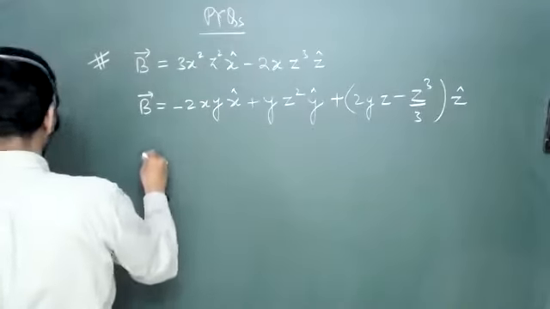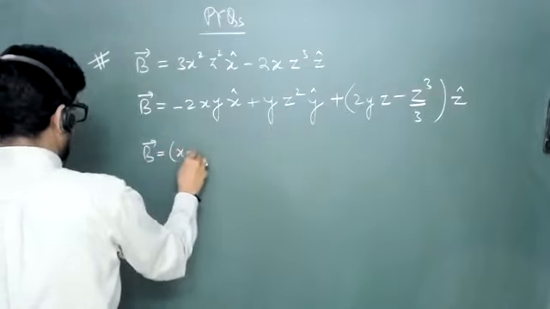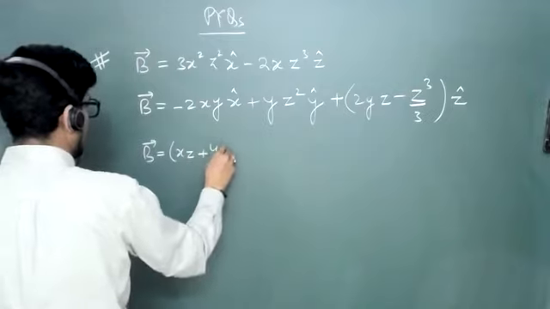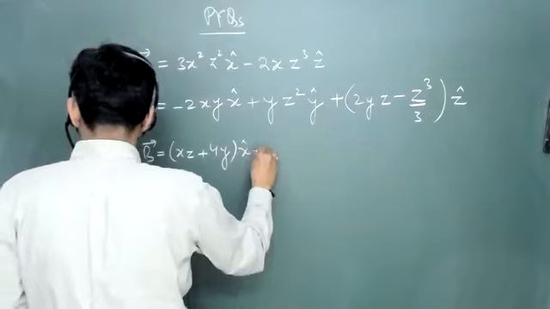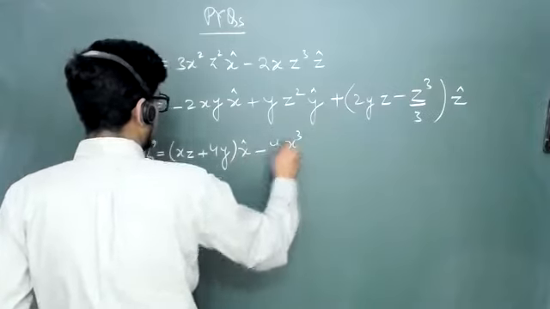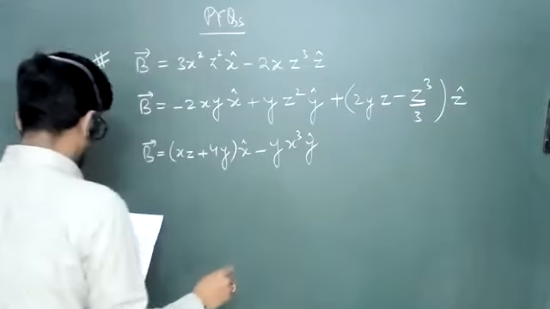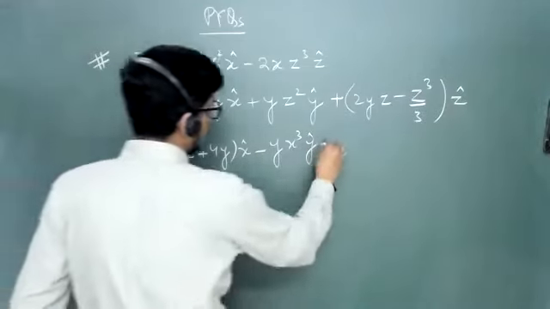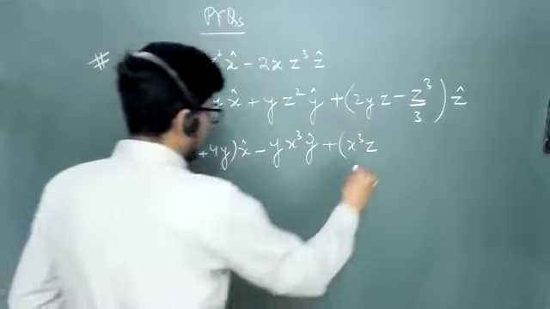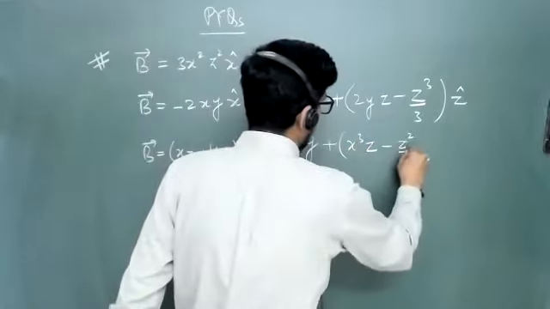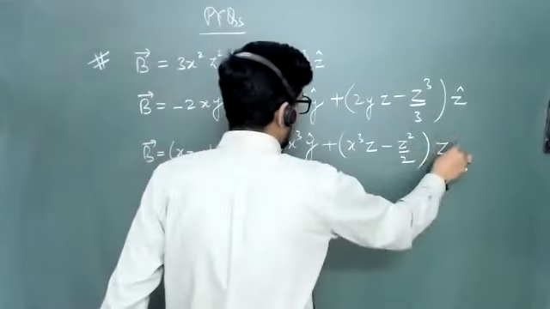Another profile is B is equal to xz plus 4y x cap minus y x cube y cap and plus x cube z minus z square by 2 z cap.